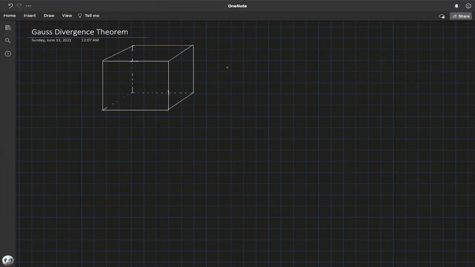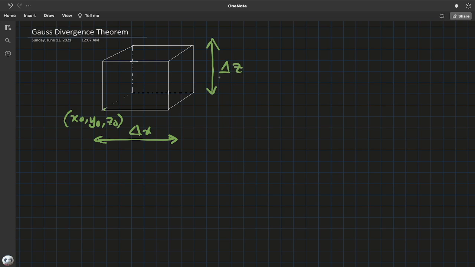Okay, so we have with us here a cube. Let's call this point here x0, y0, z0, and then this length here as delta x, this length here as delta z, and the back length there delta y.